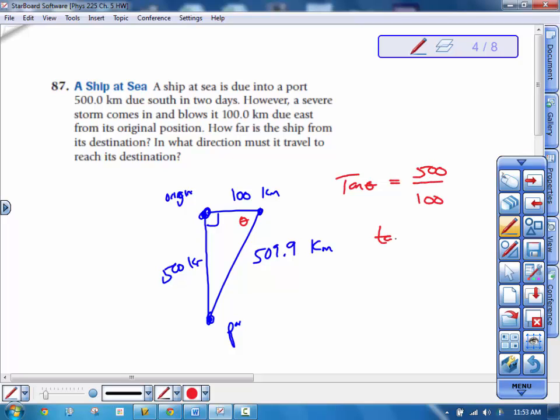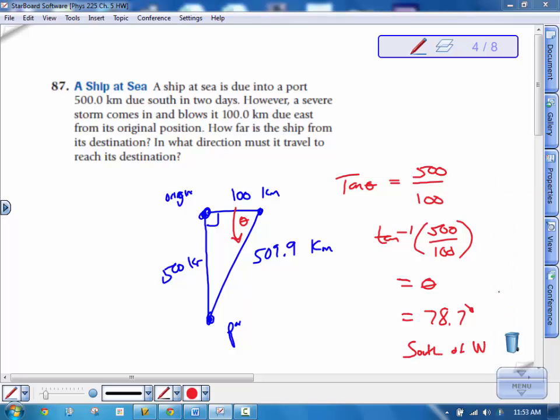We can do inverse tangent of 500 over 100, and that gives us that angle, which is 78.7 degrees. And then we'd have to say that correctly, so that would be south of west.